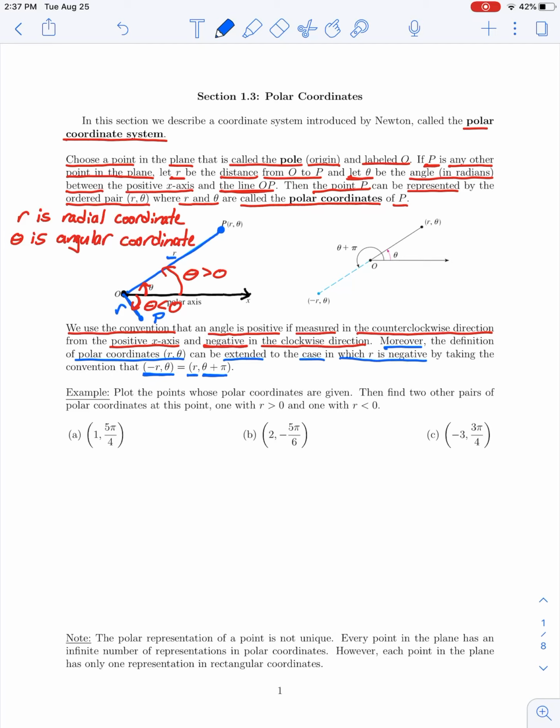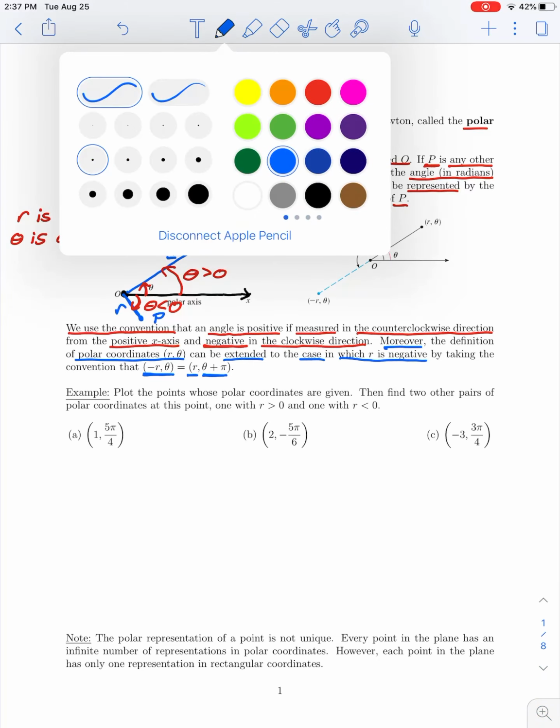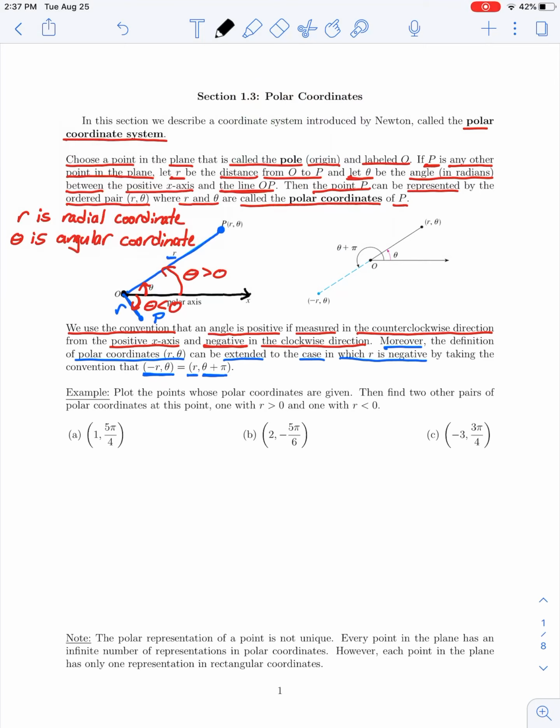So to illustrate that convention here, let's think about how this might work. In our right-hand figure, we have the pole or the origin O. We have our positive x-axis, also referred to as the polar axis.